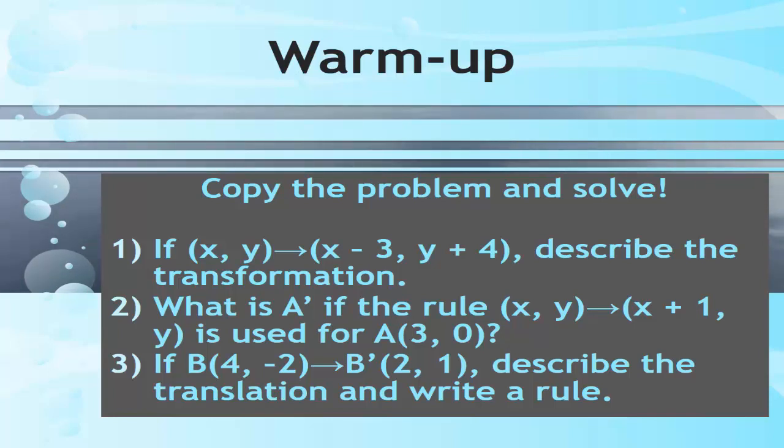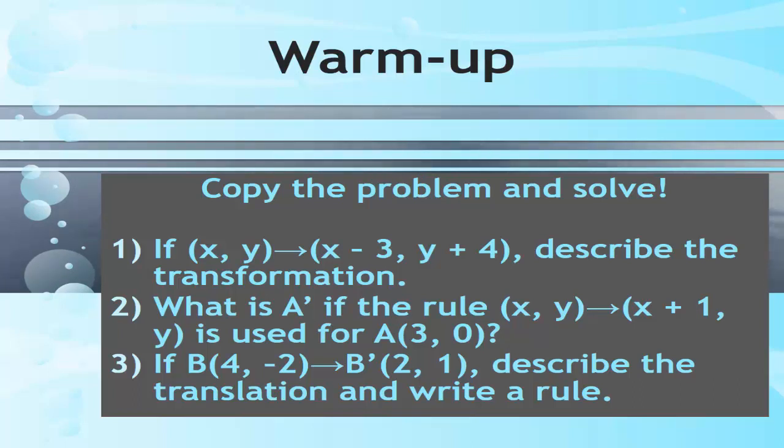If B is (4, negative 2), forms B prime at (2, 1), describe the translation and write a rule. Well, we can see very clearly that our x value went from 4 to 2, so it has decreased by 2 units. And our y value started at negative 2 and increased to 1, so it increased 3 values.